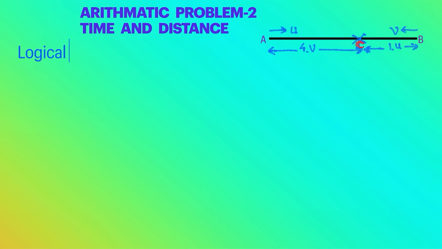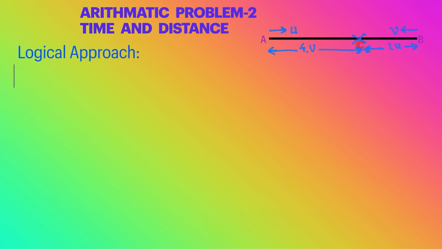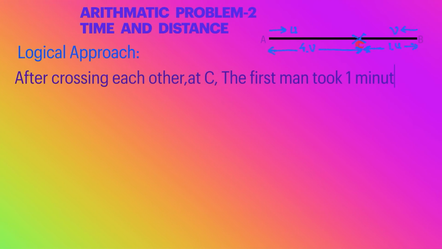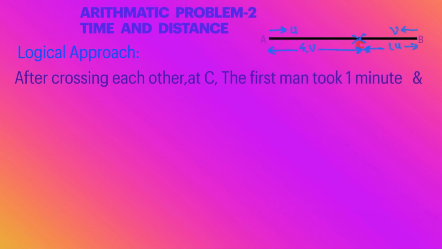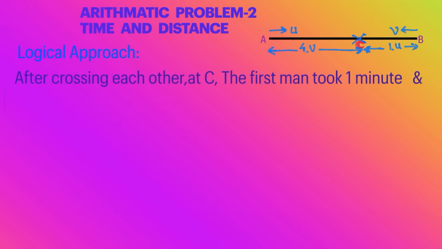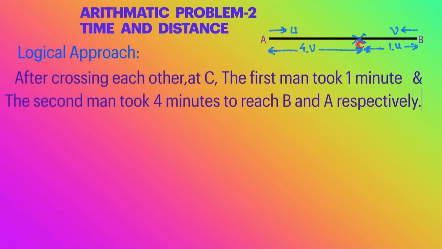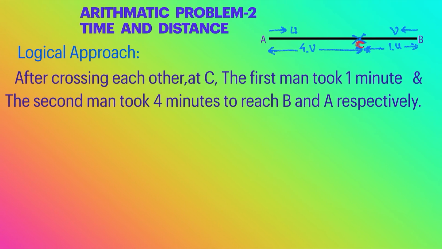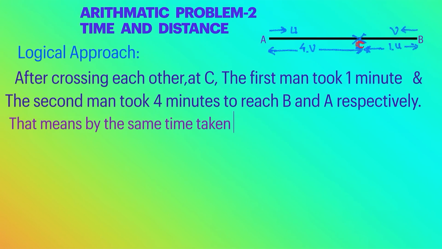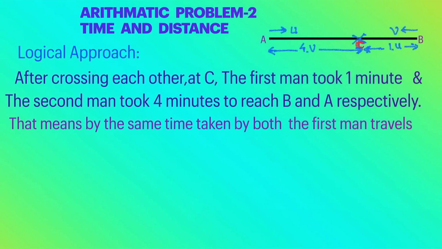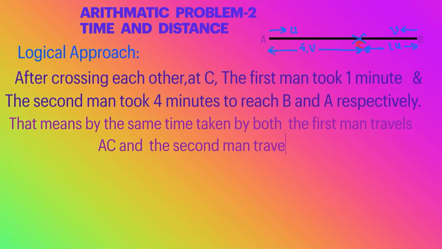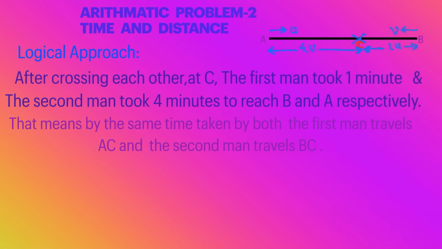So now we have to write here for the logical approach. After crossing each other at C, the first man took 1 minute and the second man took 4 minutes to reach B and A respectively. That means in the same time taken by both, the first man travels AC and the second man travels BC.